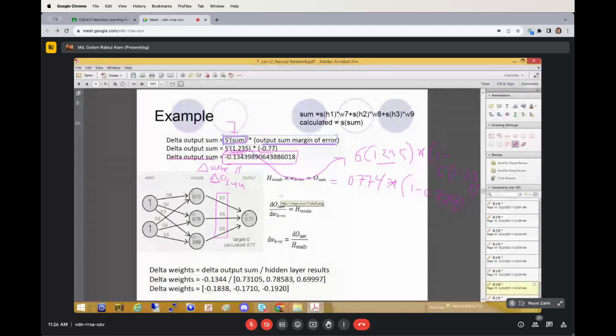It means we need to find the delta weights of the hidden to output layers. If we find this value, then by adding this delta WHO to our existing W, we will get our next consideration.